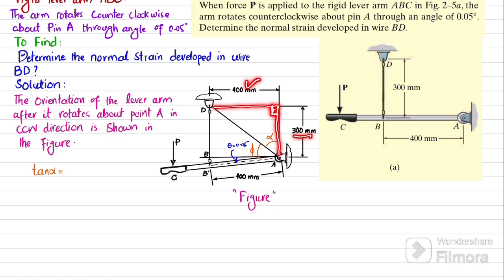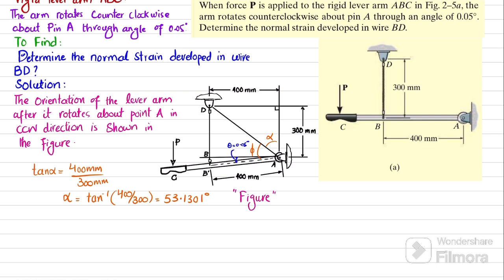So tangent of alpha will be perpendicular over base, so perpendicular is 400 millimeter and base is 300 millimeter. So we will get alpha equal to tan inverse of 400 divided by 300. And when you solve this, you will get alpha equal to 53.1301 degree.